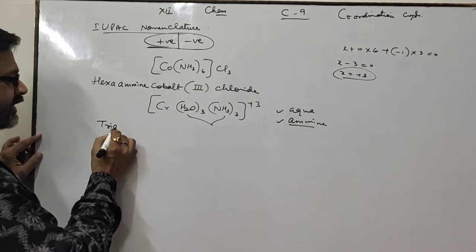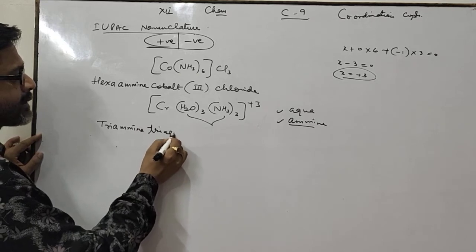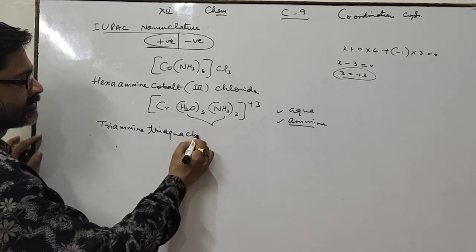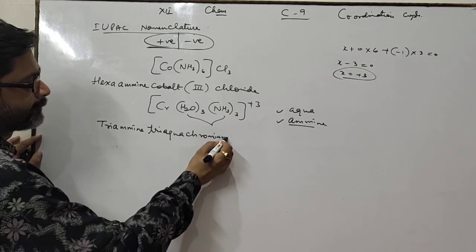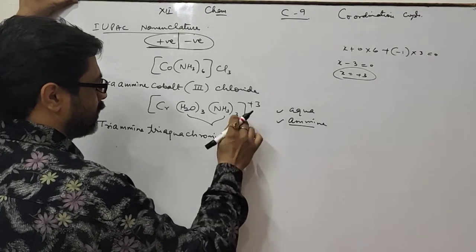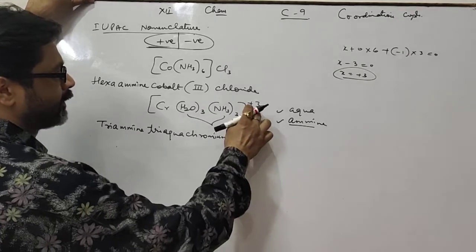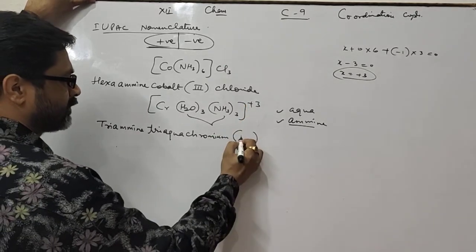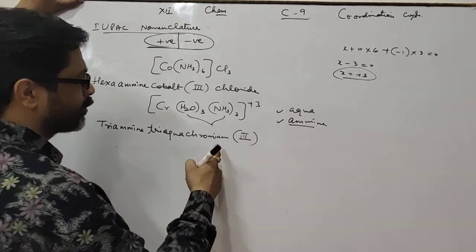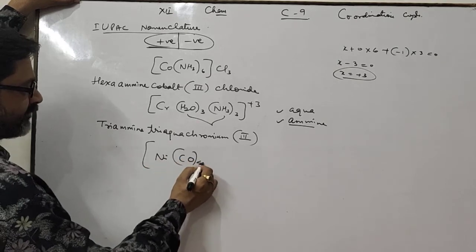Its name becomes triammine, again triaqua. Triammine, triaqua, then chromium, the oxidation number of the central metal, and then no counter ion, hence no word is written here. The oxidation number you can calculate, this will be III. Triamminetriaquachromium(III).